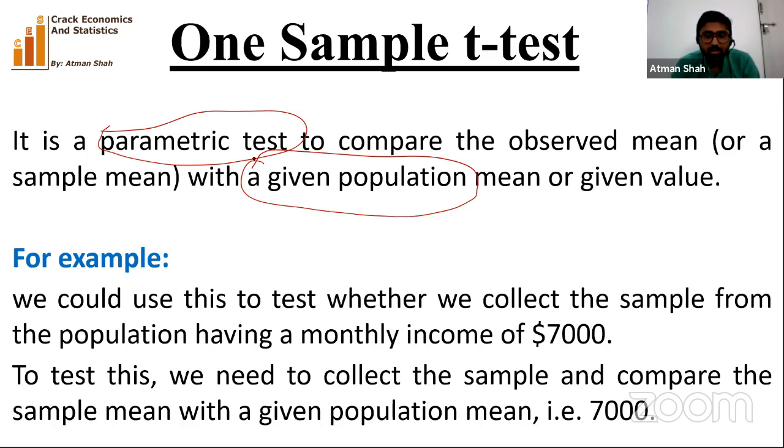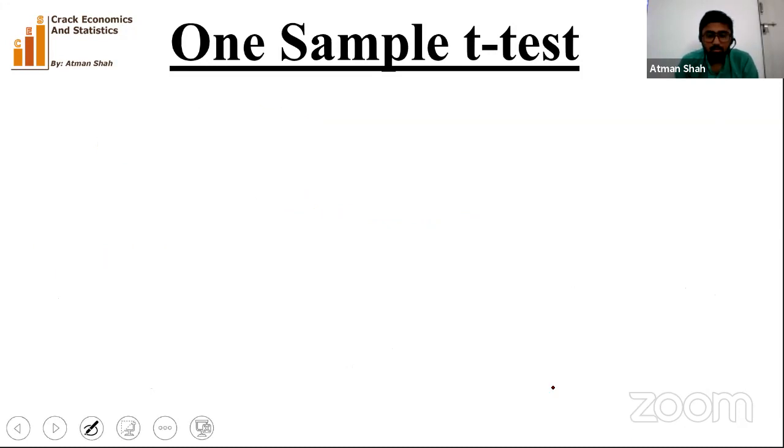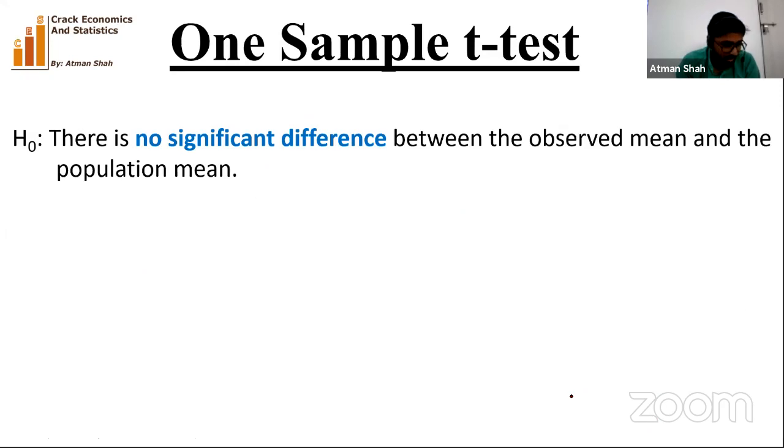So what is the population mean here? It is $7,000, which is given. We first collect the sample, calculate the sample mean, and then compare the sample mean, the observed mean, with the given population mean or given value. So what is the null hypothesis in this case?